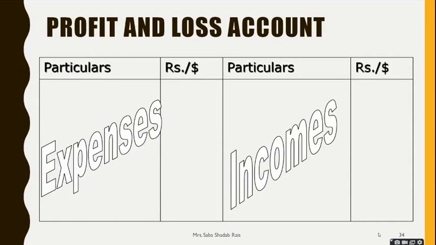Students, this is very important to remember. If your left side amount is more than your right side, that means if your expenses are more than your income, you are at a loss. I repeat, if expenses are more than income, we have a loss. If income is more than expenses, definitely we are at a profit. So this is about the profit and loss account.